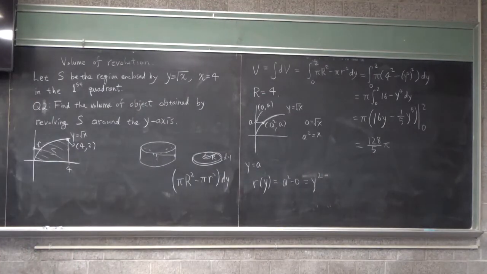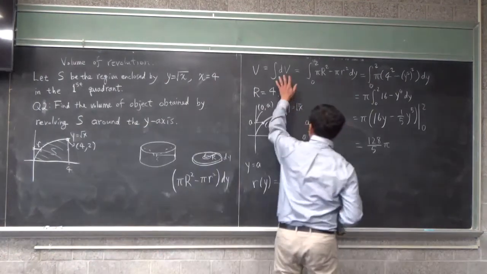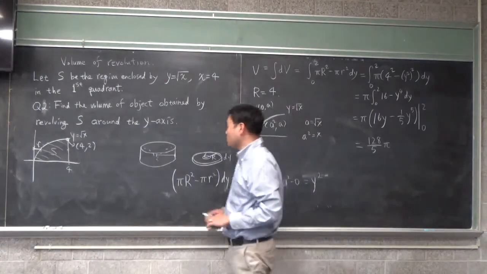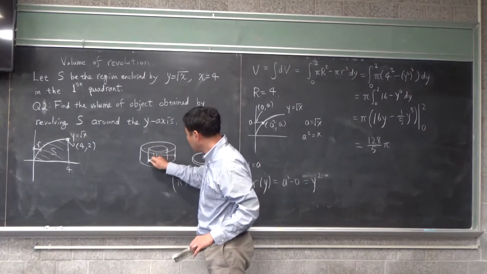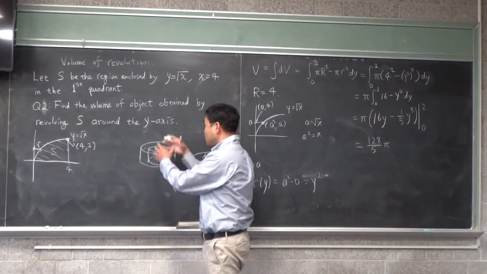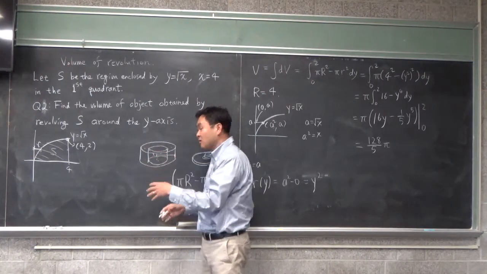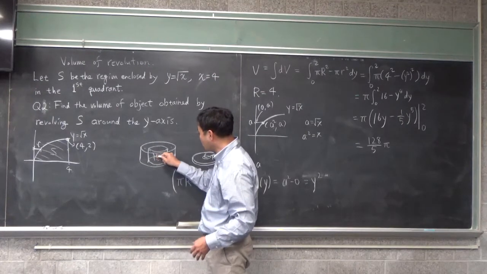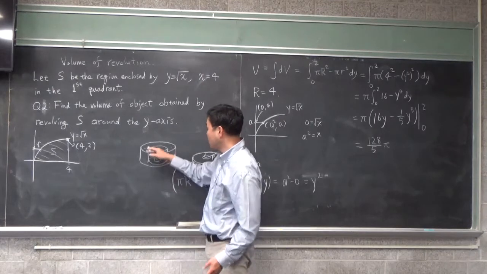All right. Now I talked about how you can do another kind of dV, which is to use cylinders rather than washers. So think of a cylinder that's inside this thing. As it goes in, it gets smaller because the height should be decreasing.